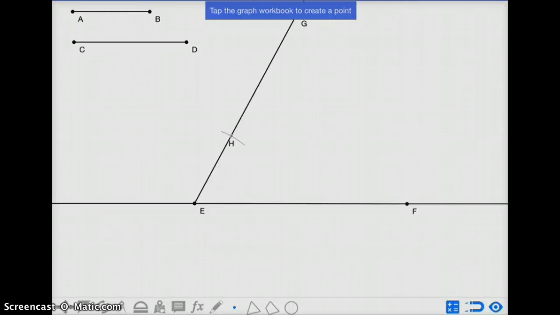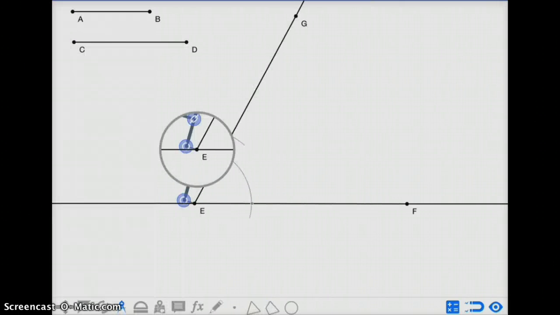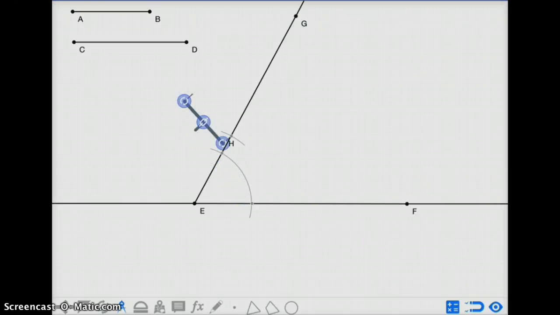Next, I'm going to reconstruct this angle that is shown. And again, to reconstruct an angle, I set my point, draw an arc, go up to the place I want to reconstruct the angle at, and draw an arc as well.